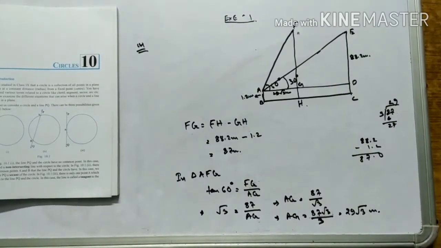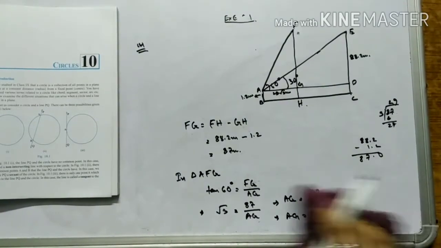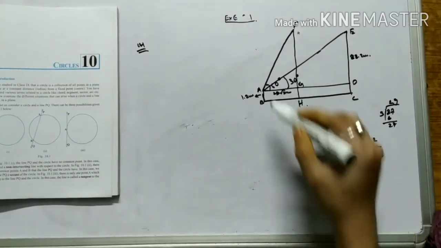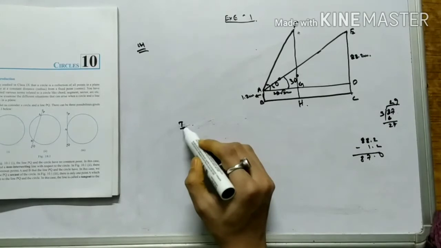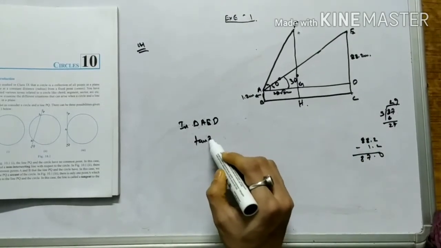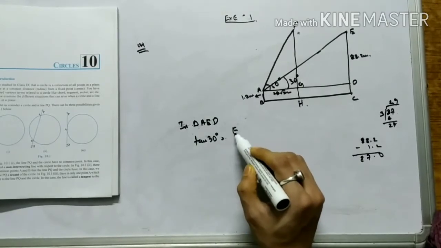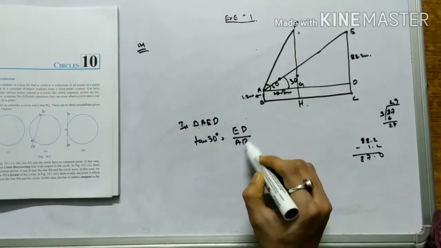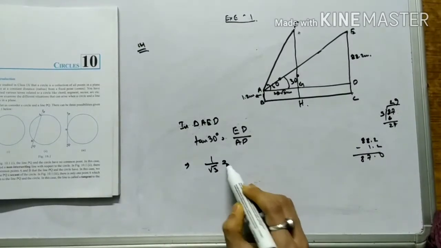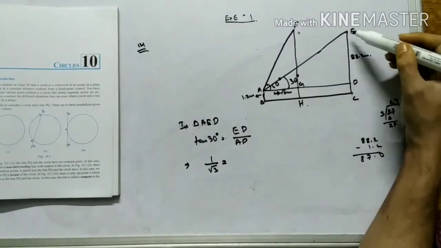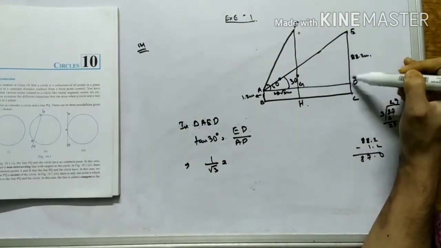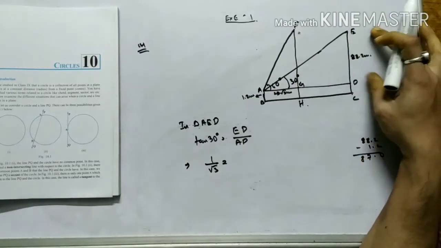Next I will take this whole triangle AED. Again tan 30 degree equals ED by AD. So tan 30 is 1 by root 3, and ED will be equal to FG, understand?